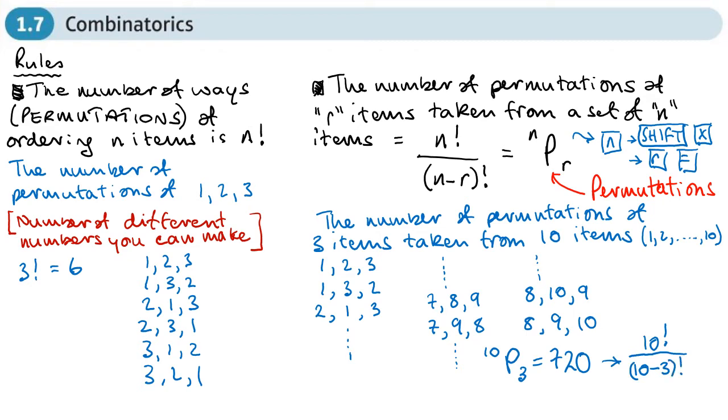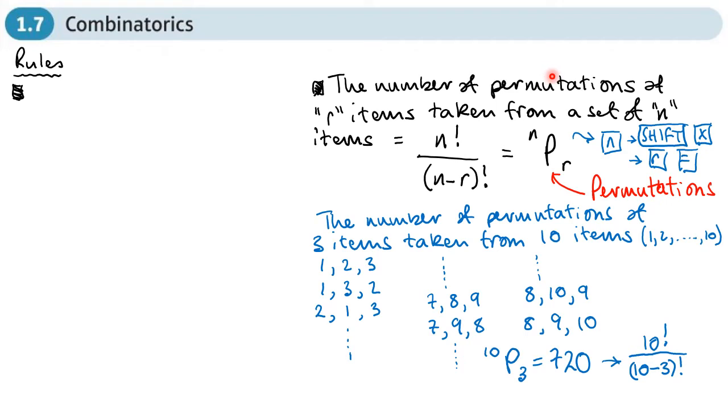In this case, n would be 10, so I would do 10 factorial divided by 10 minus 3 factorial. So basically, it'll be 10 factorial divided by 7 factorial. And that also gives us 720. So this is the number of permutations, or the number of ways of ordering a certain number of items, or a subset of a certain number of items taken from a whole set of n items.